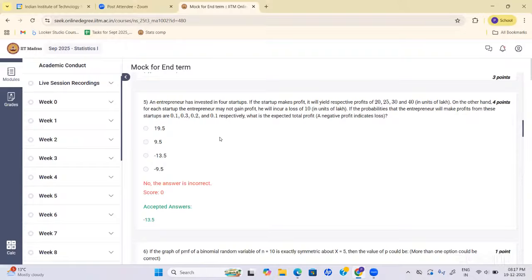In this way, you will calculate the expected value of profit for the first startup. The profit value and the loss value are given, and the probability for profit is also given. 1 minus this probability will give you the probability for loss. Now I will show you how to solve this.